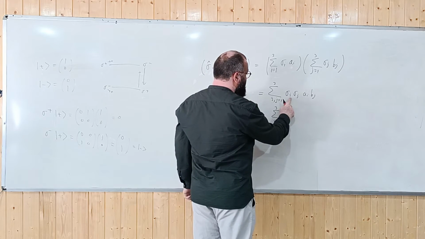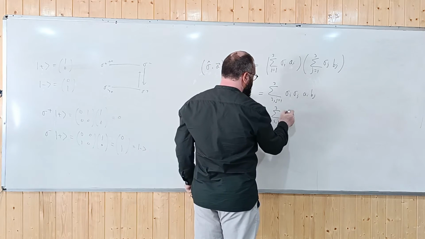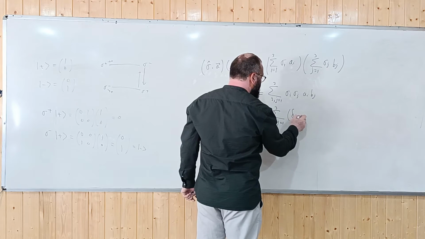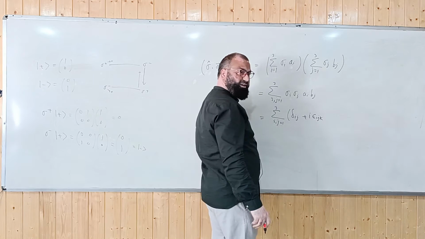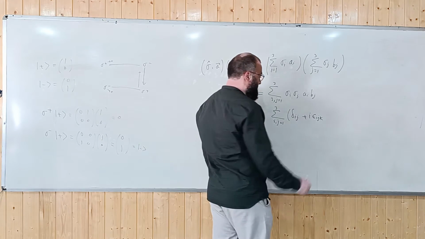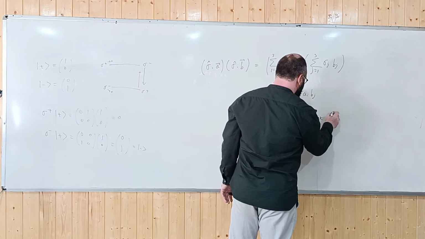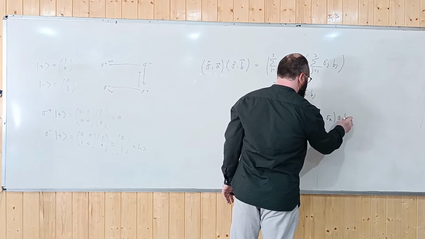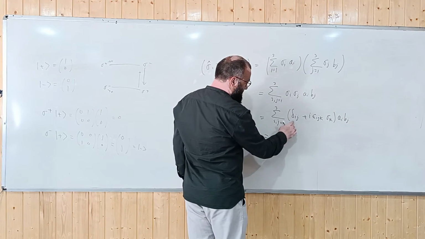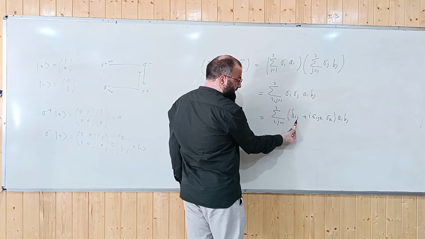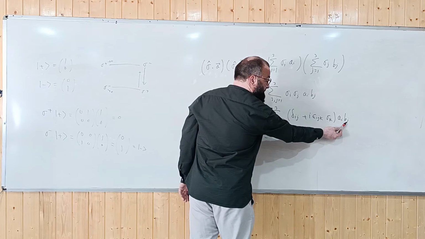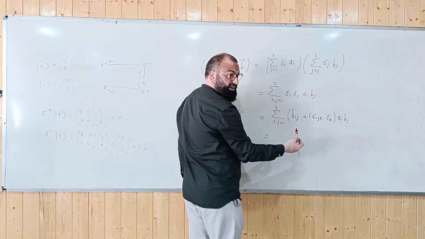So what is sigma i, sigma j? We have just told: it is delta ij plus i epsilon ijk sigma k, times a_i b_j. Now take the first term. You sum over j, and when you sum over j, this j will be replaced by i in the first term.